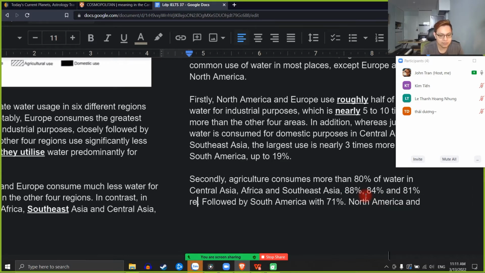Nó phải nằm ở cuối này nha. Phẩy respectively nằm ở cuối. It should be at the end like this, you know. Comma and then respectively. Period. Phẩy respectively chấm. Như thế này. Or if you want to use respective as an adjective, you can put it here before the numbers. Nếu các bạn dùng dạng tính từ respective thì mình phải đặt ở đây.